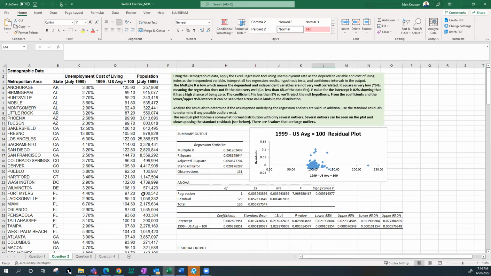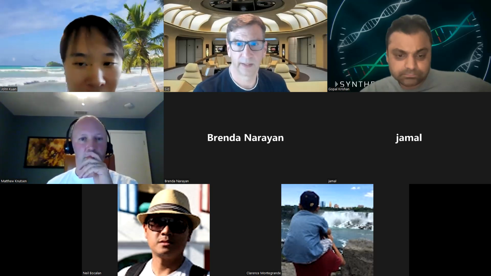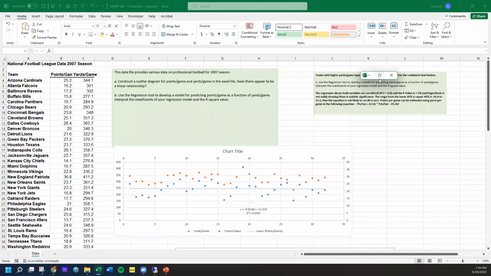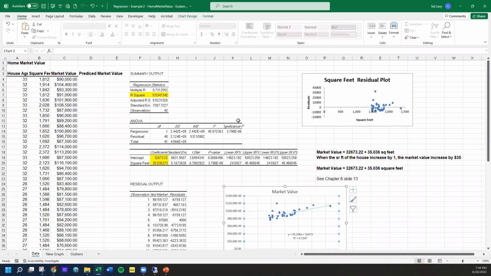The only thing that was helpful for me was this one. I'm going to share my screen real quick. This one's called regression model, and it's basically the same thing we were just working on.